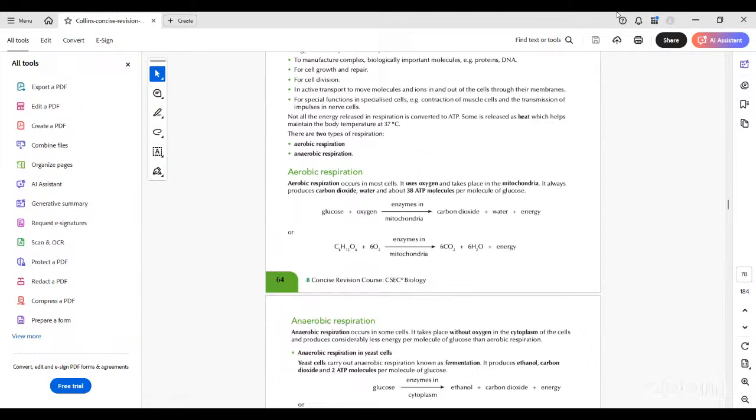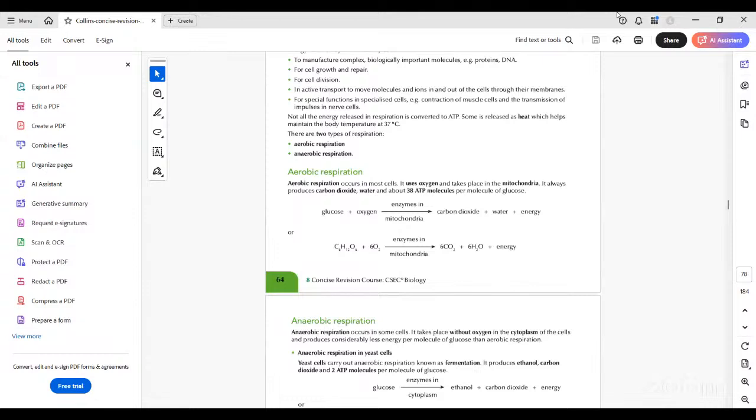Okay, that's a high flown definition. Excellent. Anybody else? What's a catalyst? Anything that is used to speed up the rate of reaction.